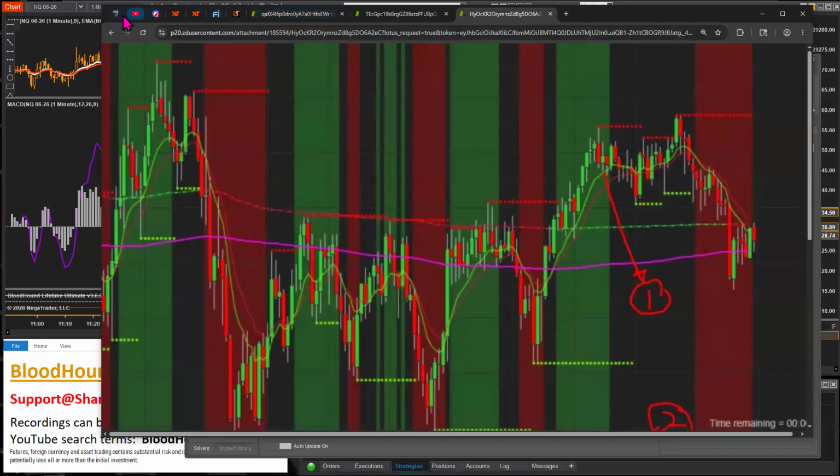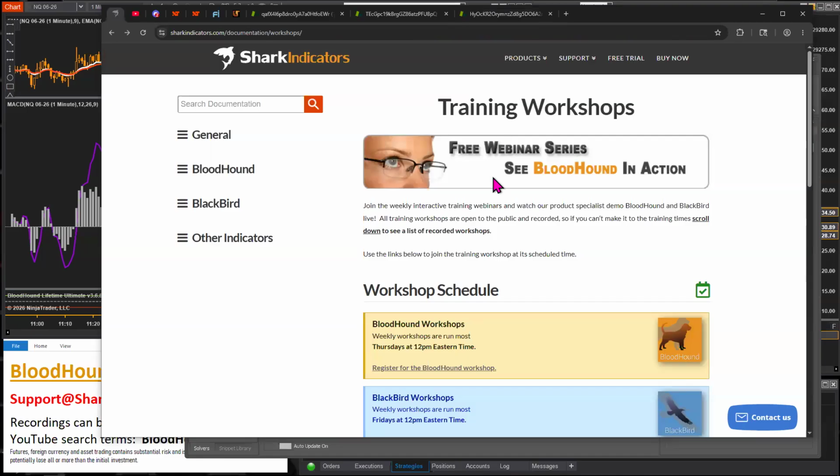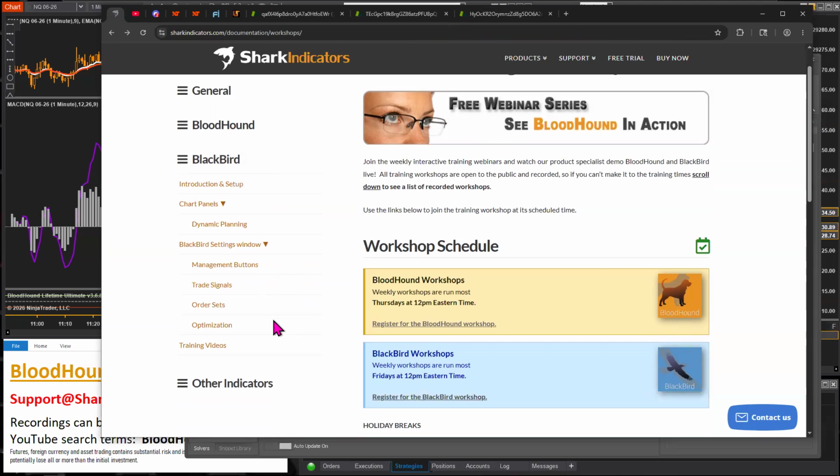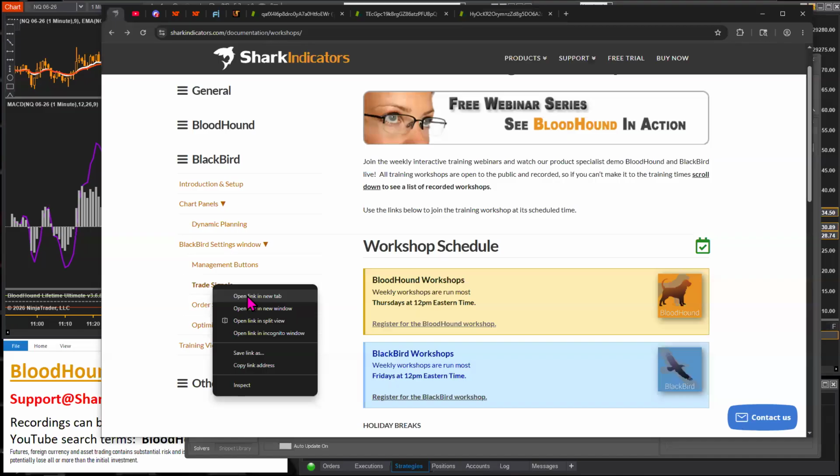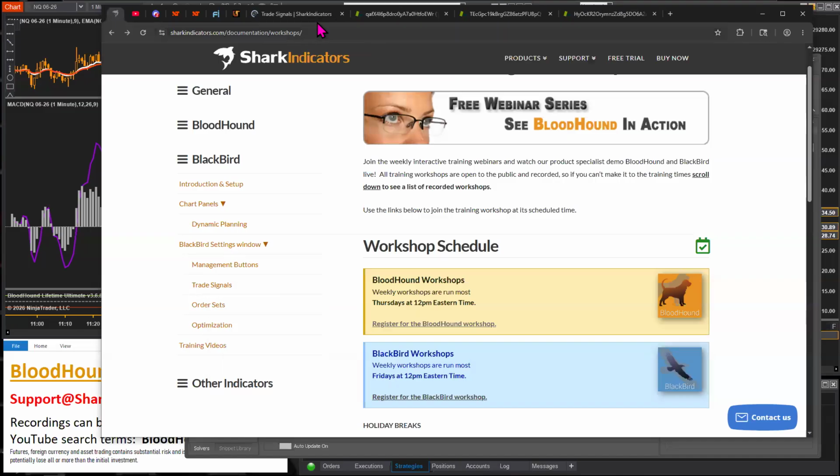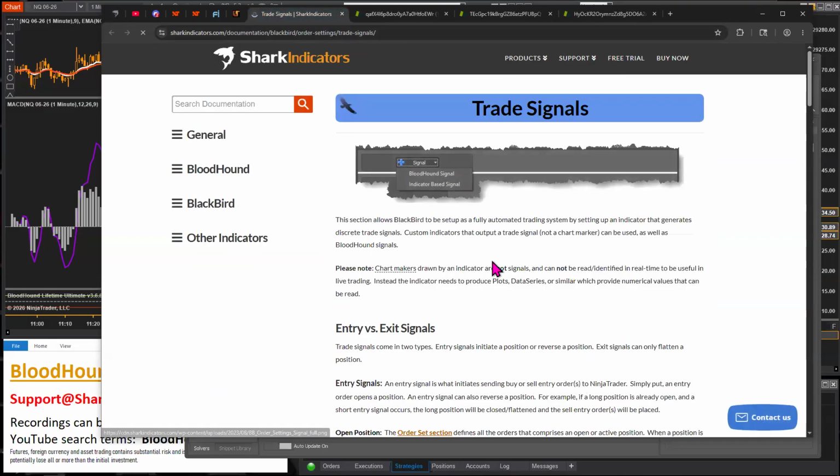So let's go, and I can point you to the documentation here so you can read more specifically. So trade signals, right? In the Blackbird section, it's going to be in the trade signals. So let's open it in another tab.